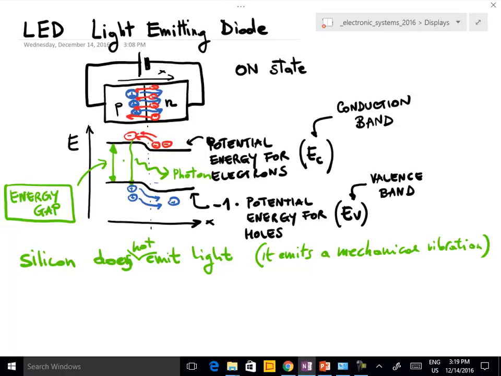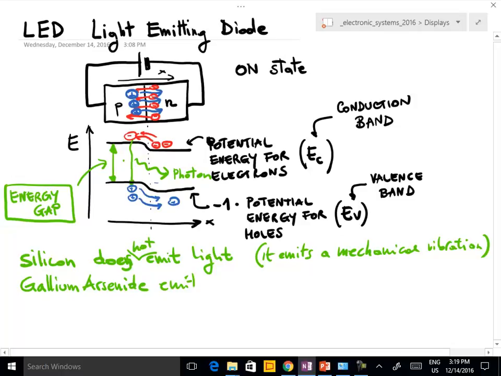For example, three materials that work pretty well in order to have light are gallium arsenide. Gallium arsenide has a chemical formula which is GaAs.